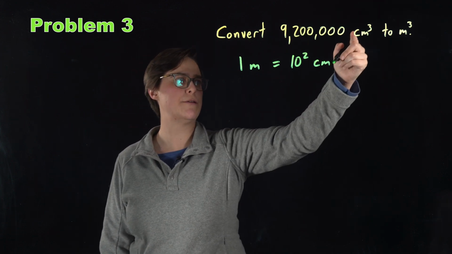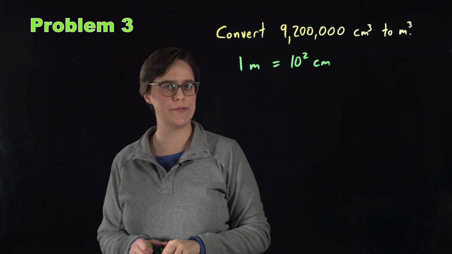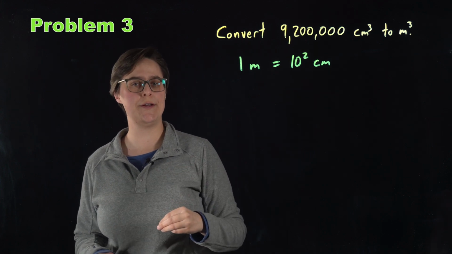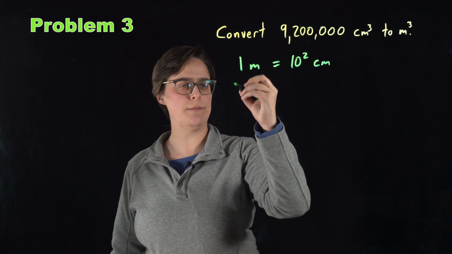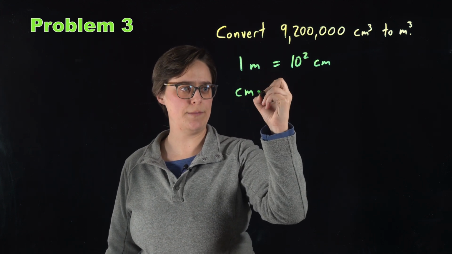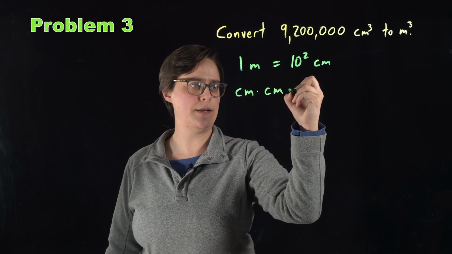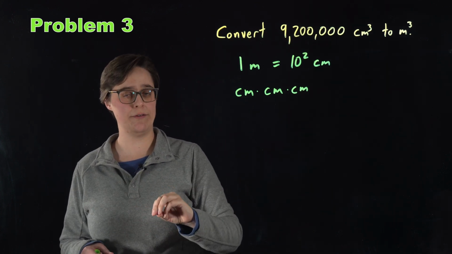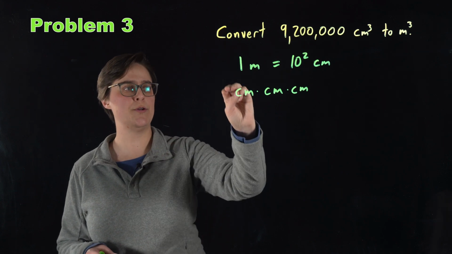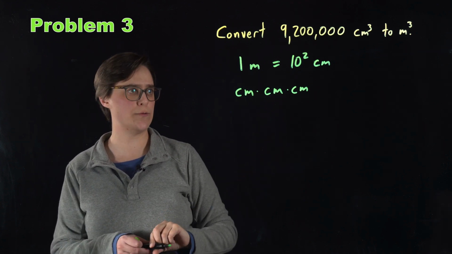However, because we are going from centimeters cubed to meters cubed, we are going to need to apply 3 conversion factors. So think of centimeters cubed as centimeters times centimeters times centimeters. I will need to apply the conversion factor 3 times to cancel each of the 3 out.